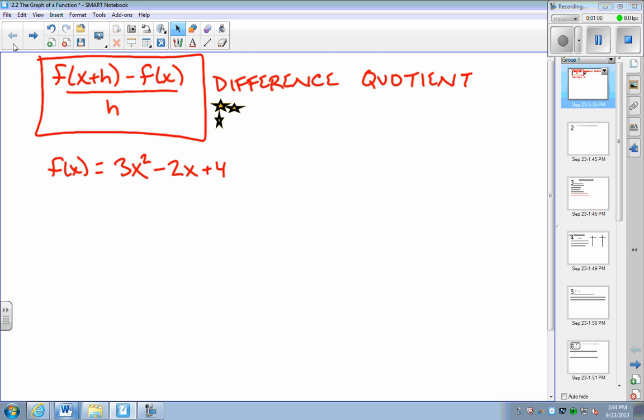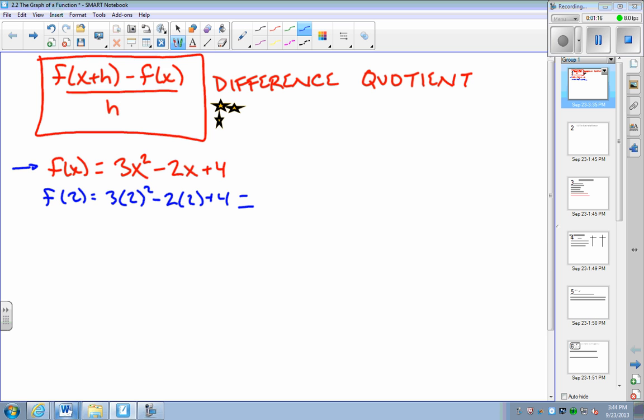Okay, so difference quotient is up here. I just picked some simple little quadratic. Now I think everybody could do something like f of 2. You would plug a 2 in and see what happens, whatever it comes out to be.